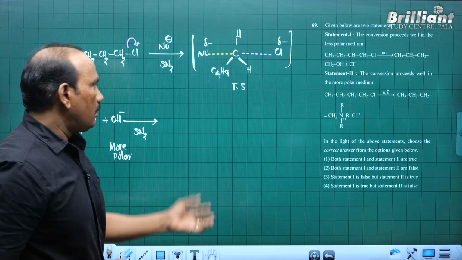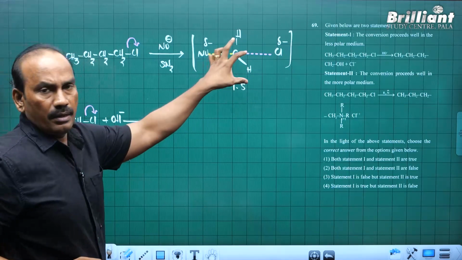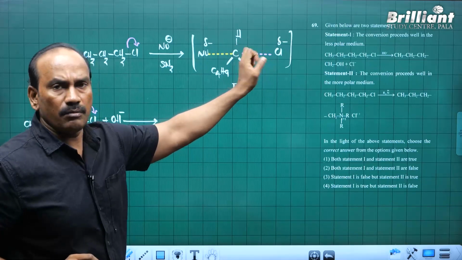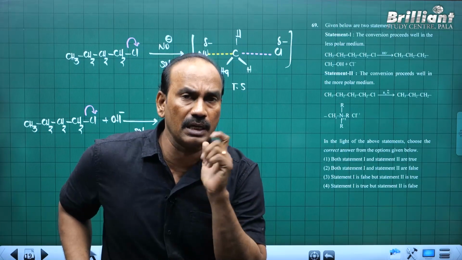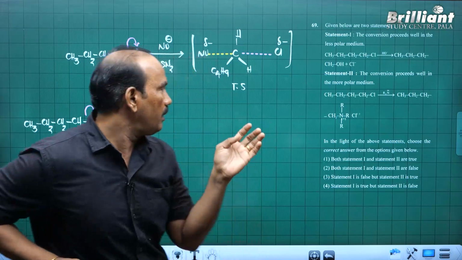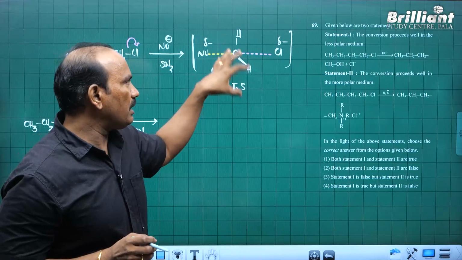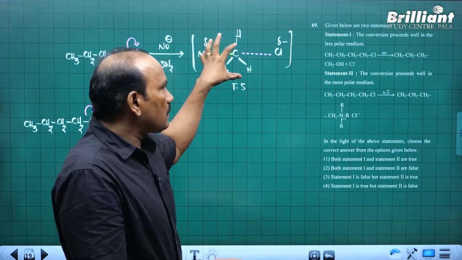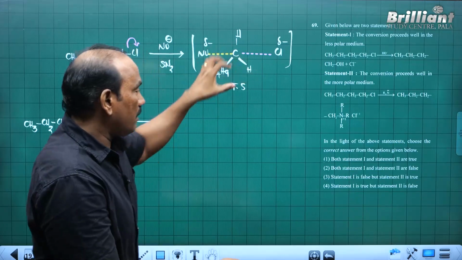So in this case polarity is already there. In an SN2 reaction, what is the intermediate? Transition state. In an SN1 reaction, what is the intermediate? Carbocation. A carbocation is a purely ionized ion. So we need not purely ionized ion. Then polarity is less, that means lesser charges are there.